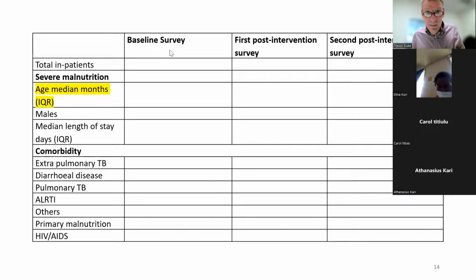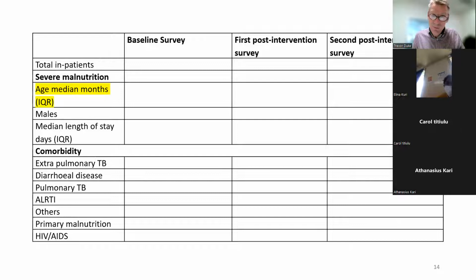When he did this study, I'll just explain what he did. He did, first of all, a baseline survey of all the patients in all the wards who had malnutrition. And then 1 month or 2 months later, he did a post-intervention survey. And then 2 months after that, he did another post-intervention survey.